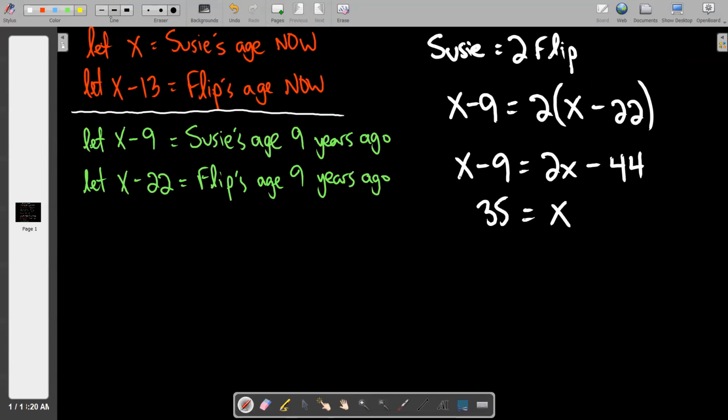So we can make a little sentence down here and say Susie is 35, and Flip is, how old is Flip? Whatever that is, minus 13. So it's 22.